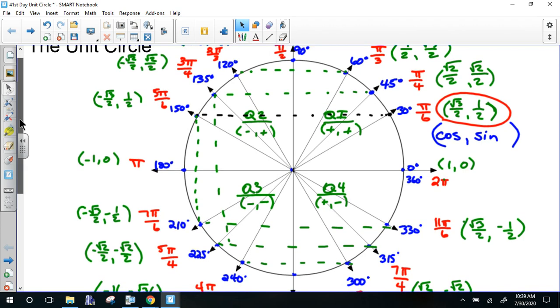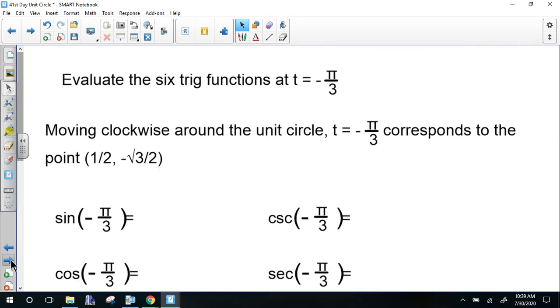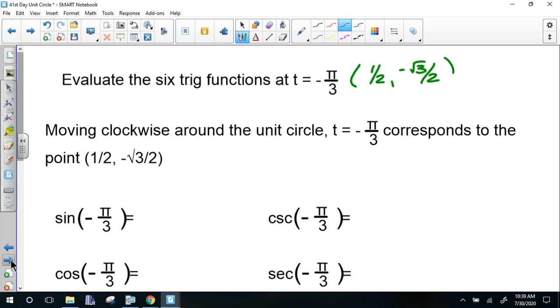I just need to go 60 degrees in a negative direction. That would put me here at 300 degrees, which is 1/2 and negative root 3 over 2. So there's my cosine, there's my sine.